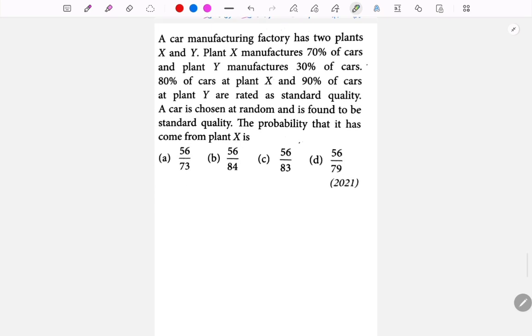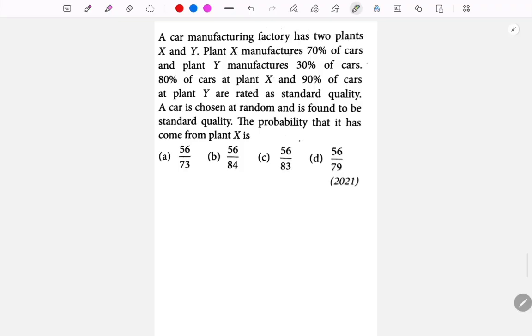Next one: a car manufacturing company has two plants, X and Y. Plant X manufactures 70% and plant Y 30%, with 90% and 80% respectively. They give everything from plant X, and they are asking about this part. It is clearly Bayes theorem. Now draw the diagram first, then tell me the answer.